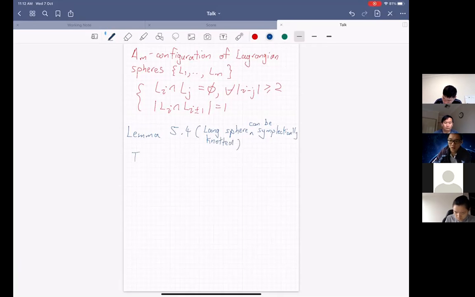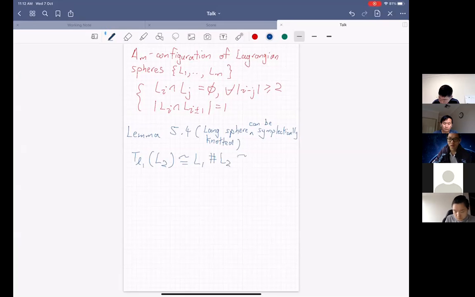If you do the Dehn twist on the first Lagrangian L1, then the Dehn twist on L2, this is actually equal to the connect sum of L1 and L2.